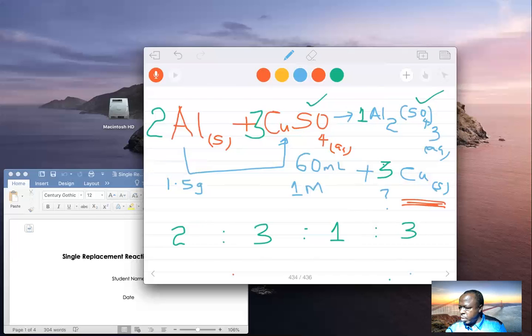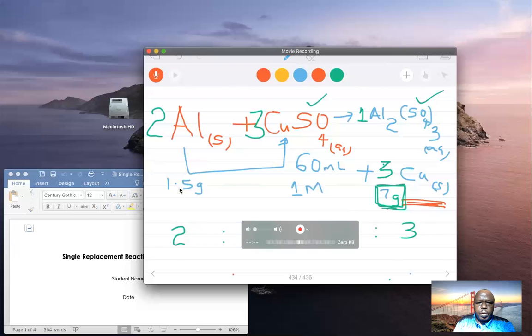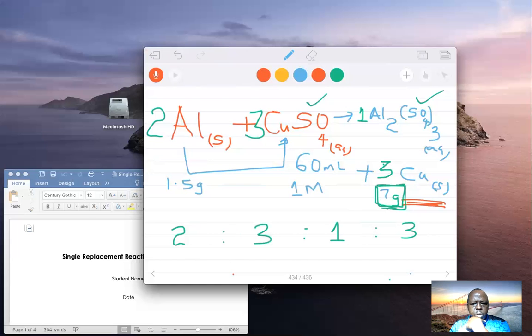How many grams? Let me even put grams right there. How many grams of copper am I expecting, out of what? Out of 1.5 grams of aluminum and 60 ml of copper 2 sulfate solution.